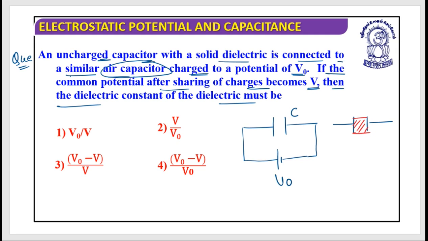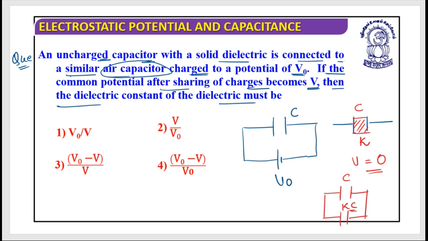Again, it's a similar capacitor. Capacity would be C, dielectric would be, let's assume, K. And this is uncharged. That means its voltage would be 0. When I connect this to their capacity, their common potential would be V. So this is C, this is K into C, do you understand?